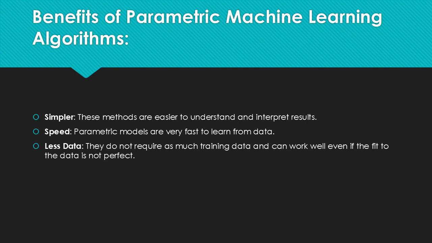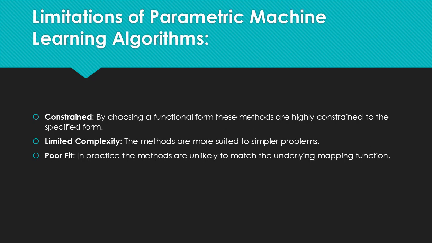Since it is very simple, automatically the speed is also very high. It is easy and fast to learn from the data. The third is less data: they do not require as much training data and can work well even if the fit to the data is not perfect.